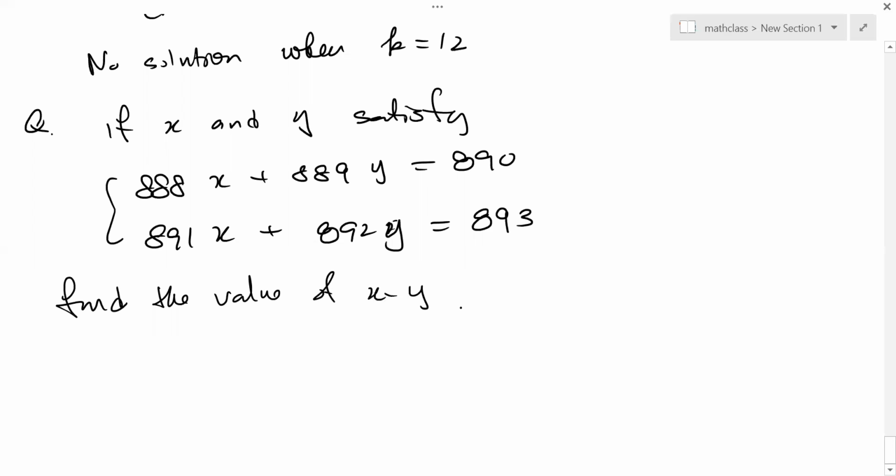I'm not going to ask you to solve for x and y. As long as you find the value of x minus y, then you can find x and y.